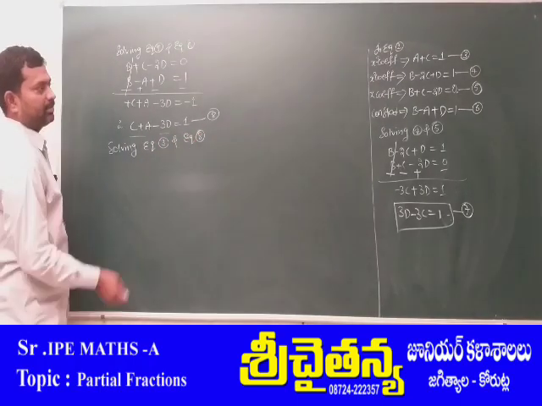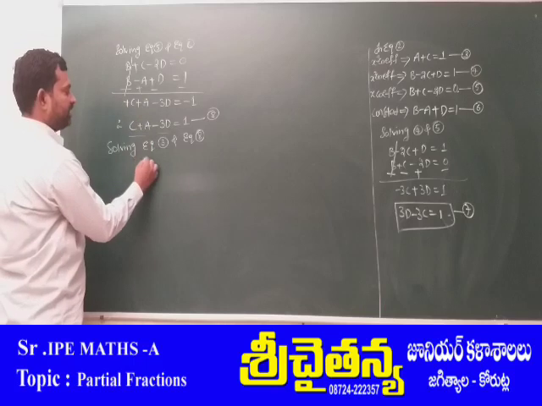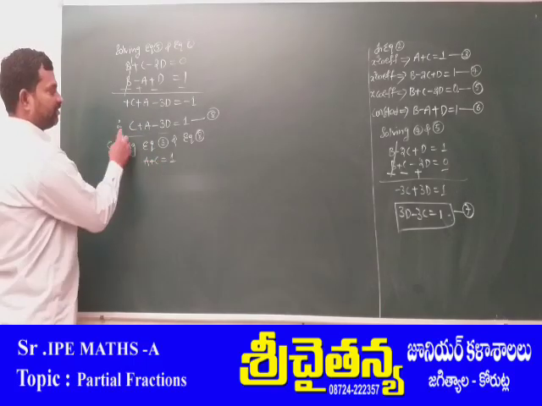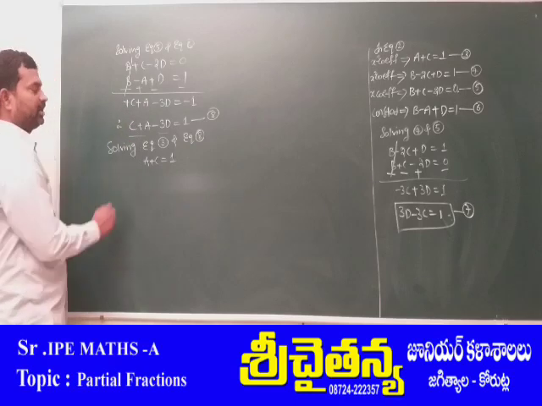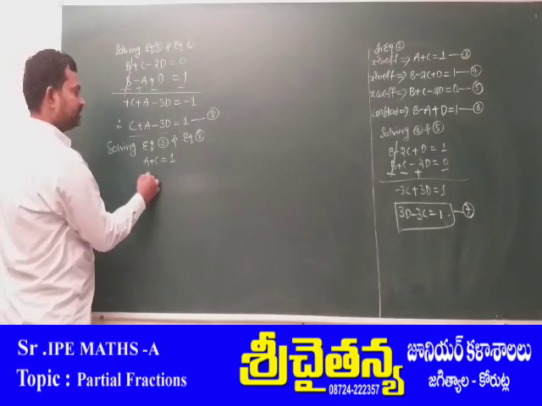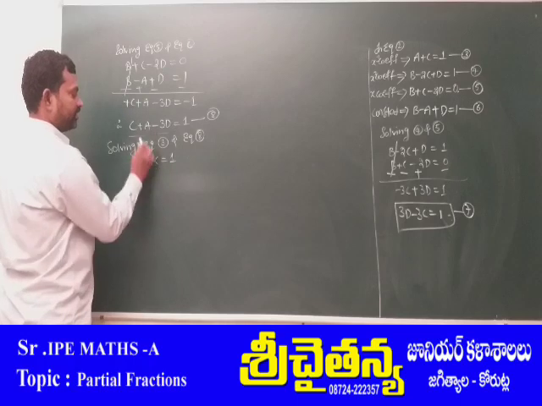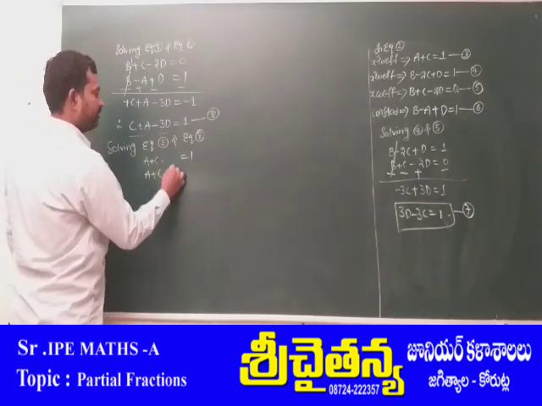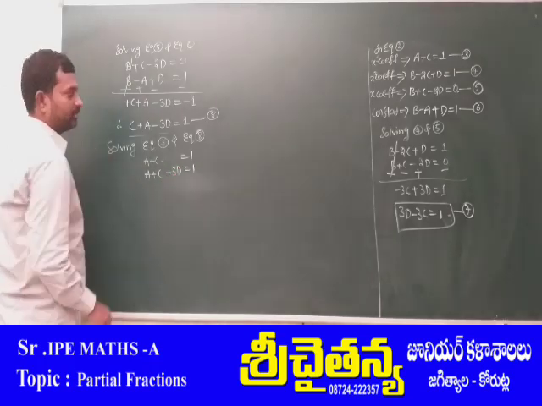What is equation number 3 first? Equation number 3 is given as a plus c is equal to 1. Next, equation number 8 is c plus a minus 3d is equal to 1.